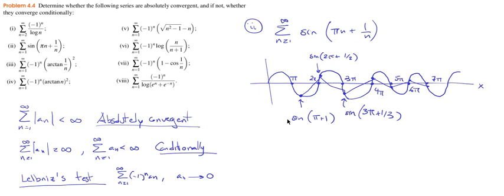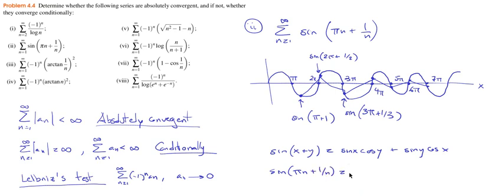There's also an algebraic way to see it, because we know that the sine of x plus y is equal to the sine of x times the cosine of y plus the sine of y cosine of x, right? This is the formula for the sine of the sum. Now here x is pi times n, and y is 1 over n.